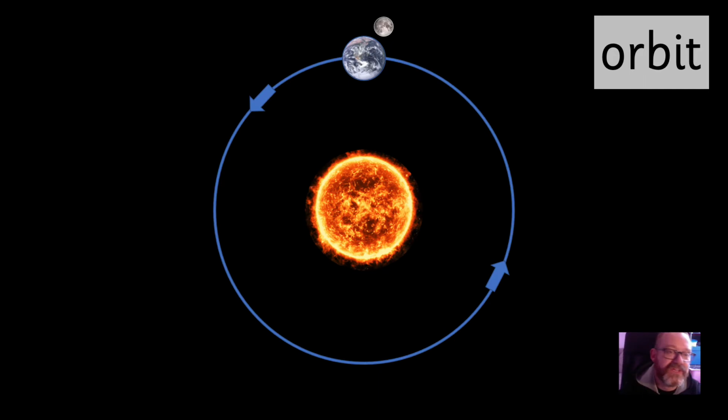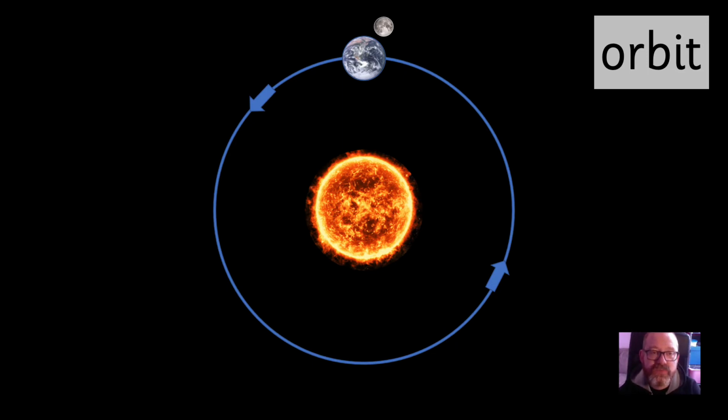While the Earth is orbiting the sun, the moon is orbiting the Earth. And that's because the moon's close to the Earth, or closer to the Earth, and so the gravitational pull of the Earth is keeping the moon in its orbit. If the moon was much, much, much further away, then it would probably be orbiting either a different planet or also the sun as well.